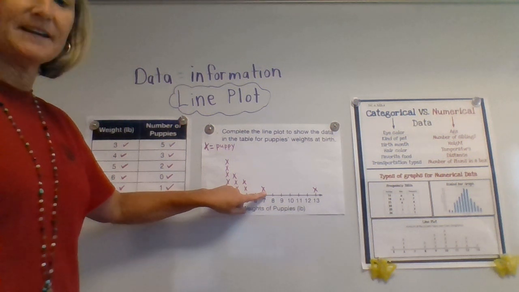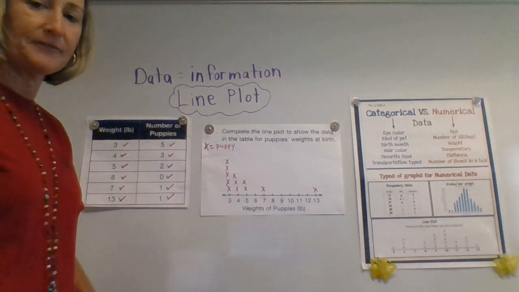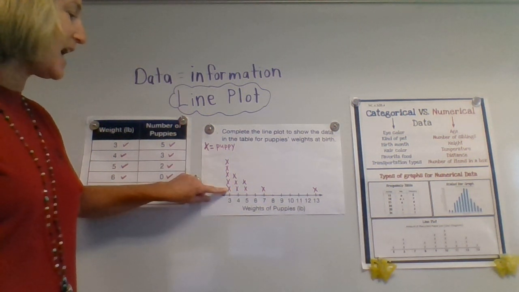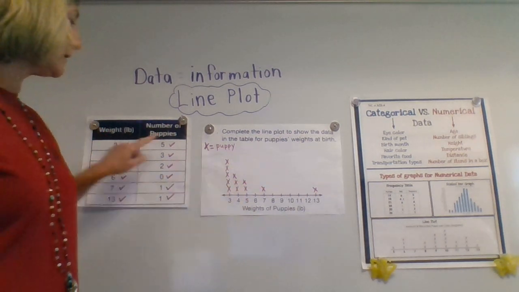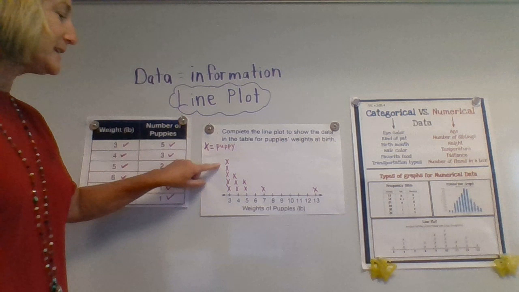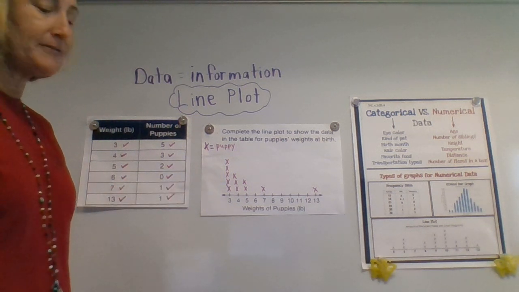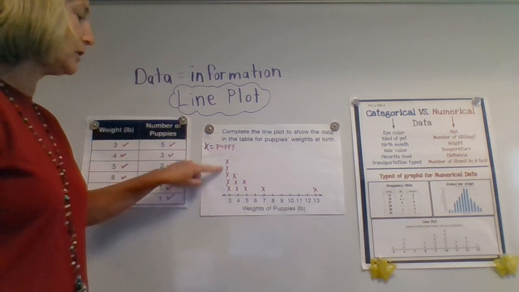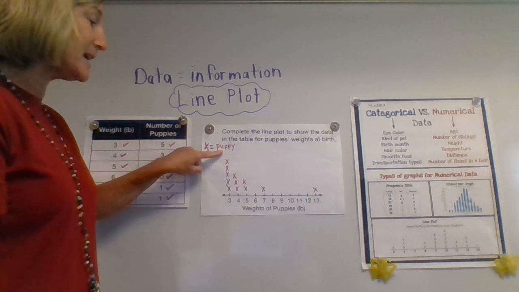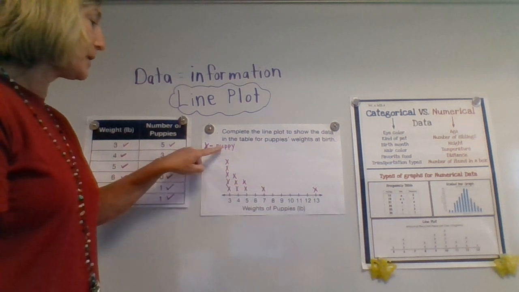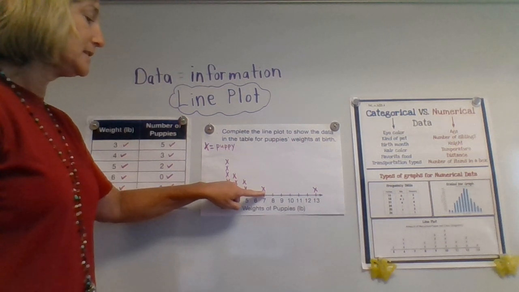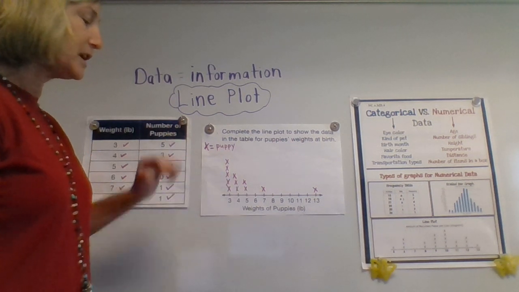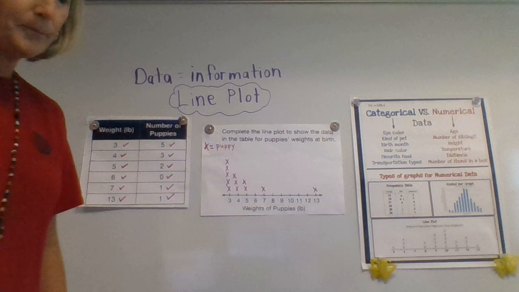So what would the difference be? How do we find the difference? We take 5 minus 1, our smallest, and we subtract, so our answer would be 4. What is the difference between the largest number of puppies and smallest number of puppies? Largest is 5, smallest is 1, so our difference would be 4.